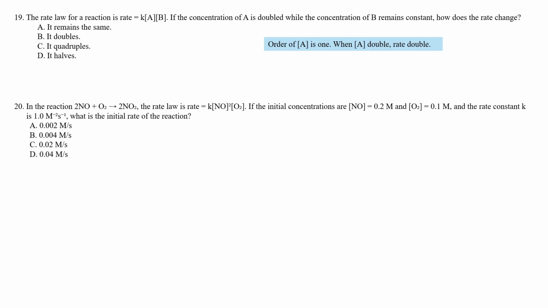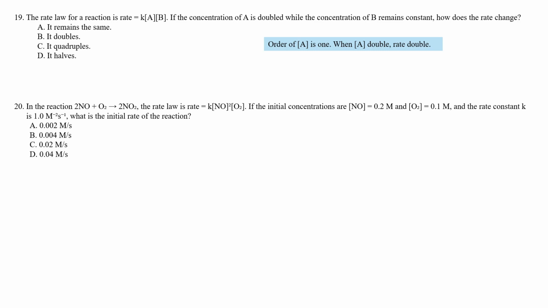Question number 20. In the reaction, 2 moles of NO plus 1 mole of O2 produce 2 moles of NO2. So the rate law is rate is equal to rate constant times NO concentration, order is 2, times oxygen concentration, order is 1.